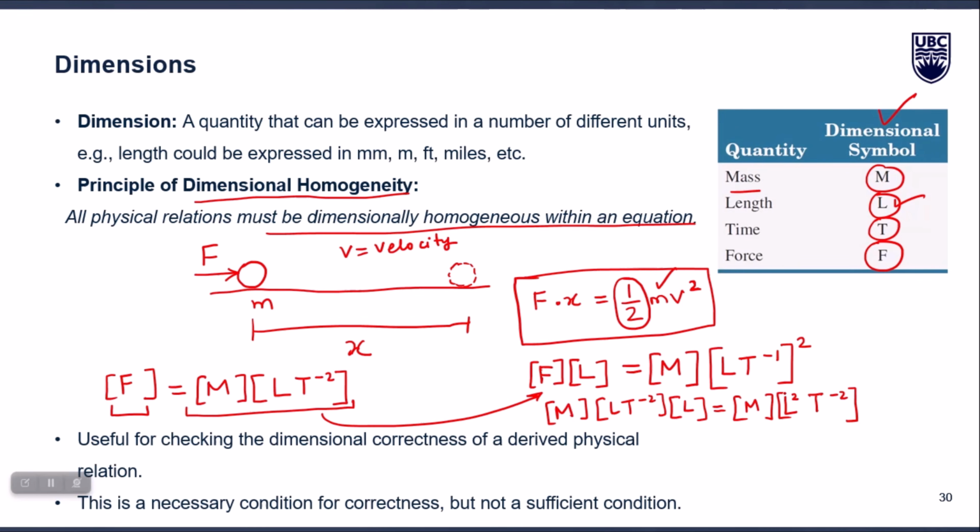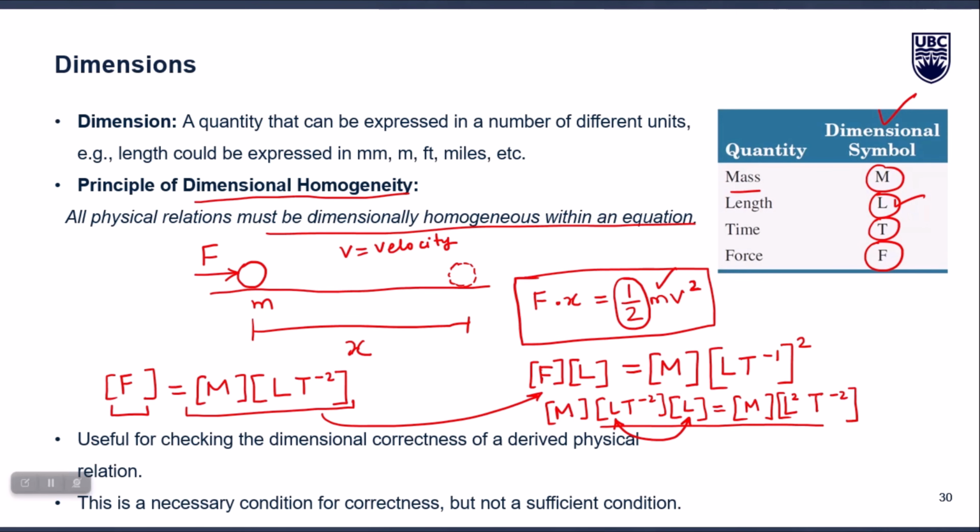And you can see that this equation is now dimensionally homogeneous. Since these are symbols being multiplied, they are not matrices, so their order doesn't matter. So you can see the final quantity which you have on the left-hand side, ML raised to power 2 multiplied by T raised to power minus 2, becomes the same as what you have on the right-hand side.